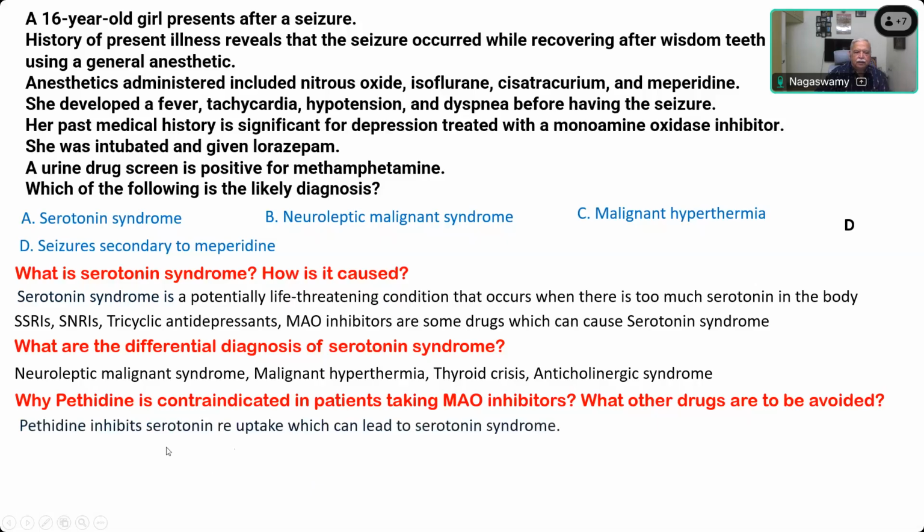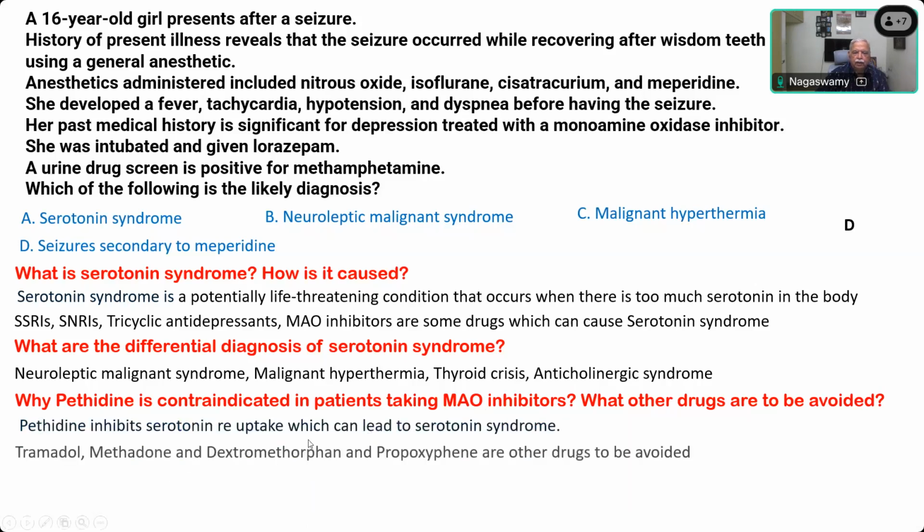Pethidine inhibits the serotonin reuptake, which can lead to serotonin syndrome. Tramadol, methadone, dextromethorphan, and propoxyphene are other drugs to be avoided when the patient is on MAO inhibitors.